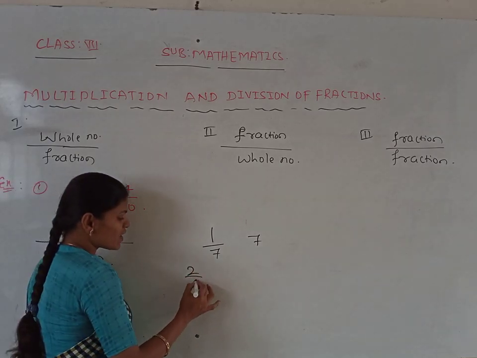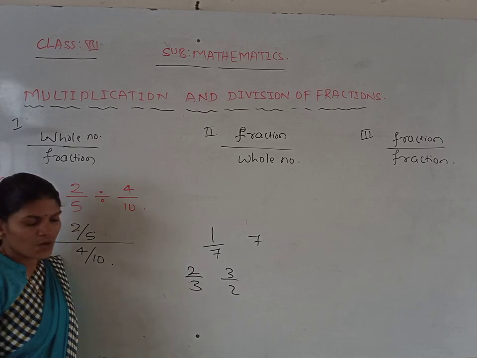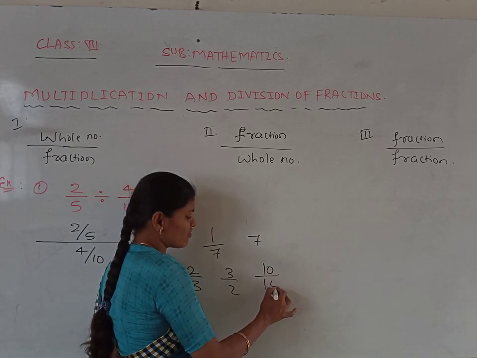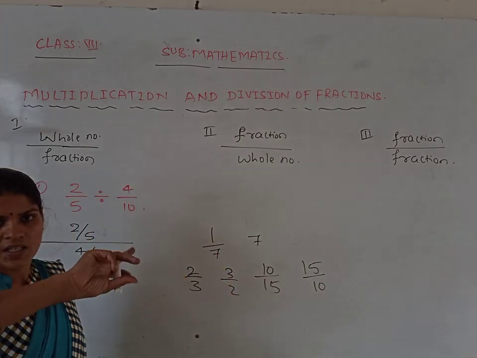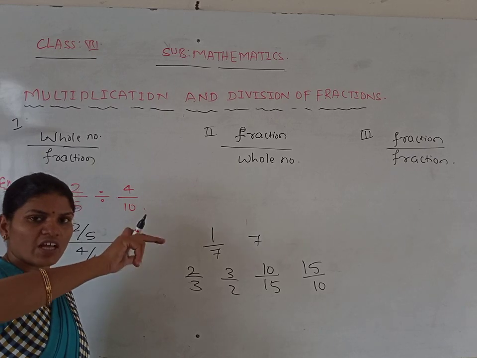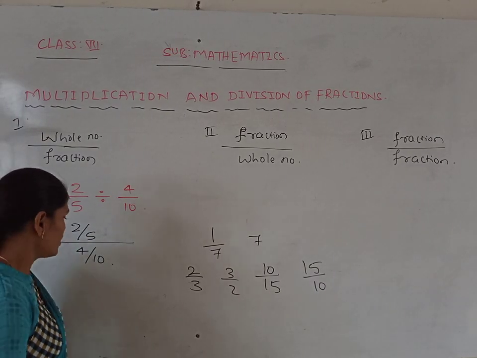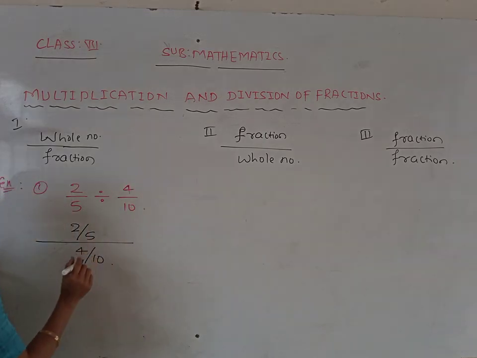What is the reciprocal of 2 by 3? 3 by 2. What is the reciprocal of 10 by 15? 15 by 10. It's ulta: numerator value in the denominator, denominator value in the numerator. Clear? So now keep the first fraction as it is.